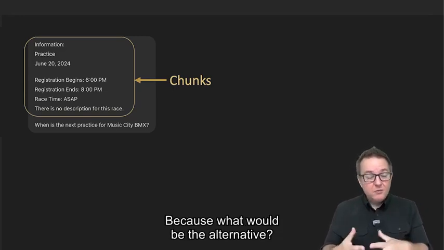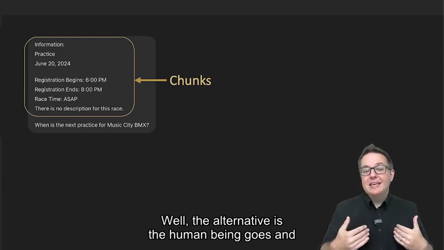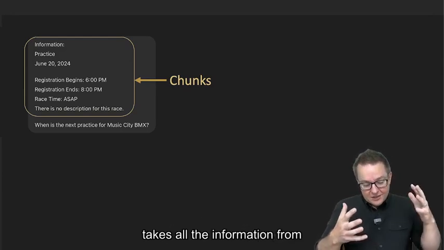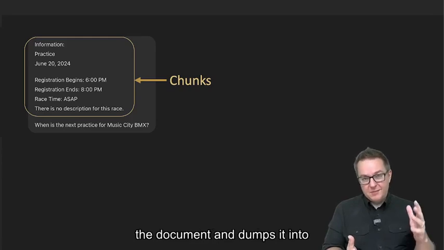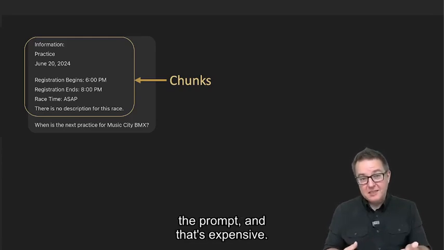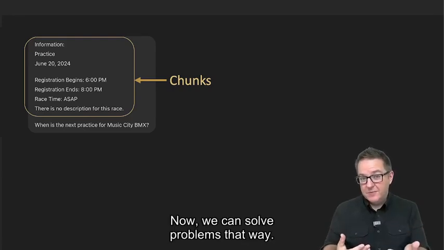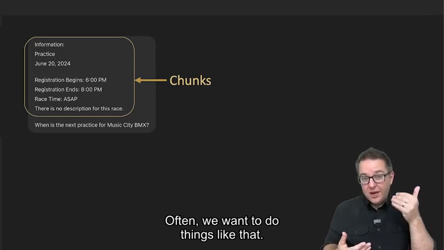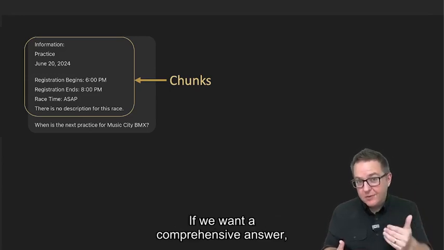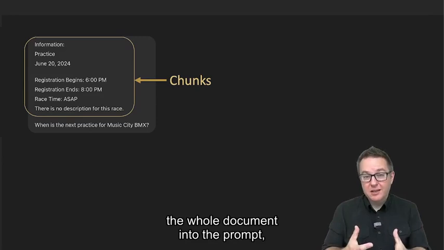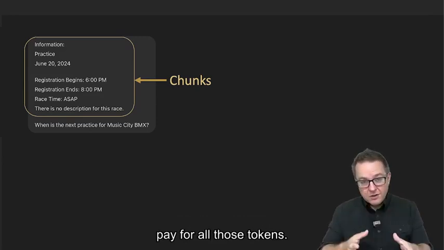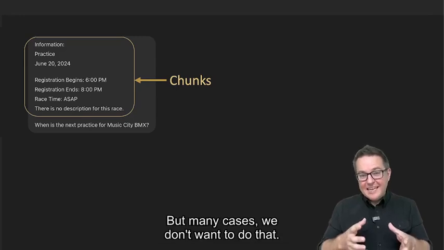Because what would be the alternative? Well, the alternative is the human being takes all the information from the document and dumps it into the prompt, and that's expensive. That turns into a lot of tokens. Now, we can solve problems that way, and often we want to do things like that, right? If we want a comprehensive answer, we might dump the whole document into the prompt and pay for all those tokens. But in many cases, we don't want to do that.